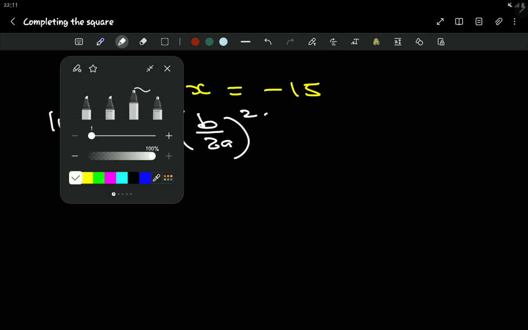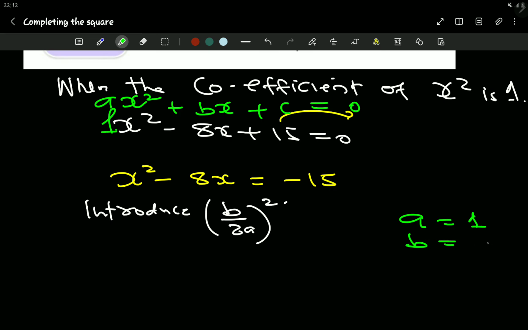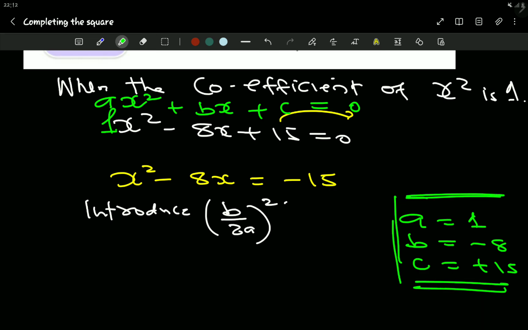Now here, because this equation is in the format of a quadratic equation, ax squared plus bx plus c is equal to 0, you can see that your a is equal to 1, your b is equal to negative 8, and your c is equal to positive 15. Now when you're picking these up, you have to be very careful, because you have to pick them up with their signs.